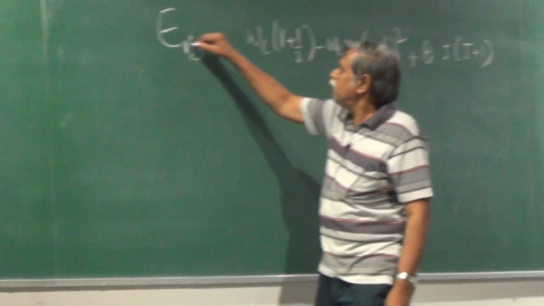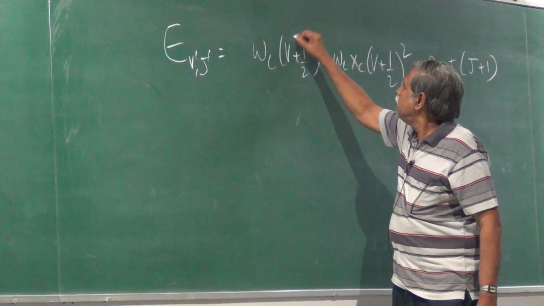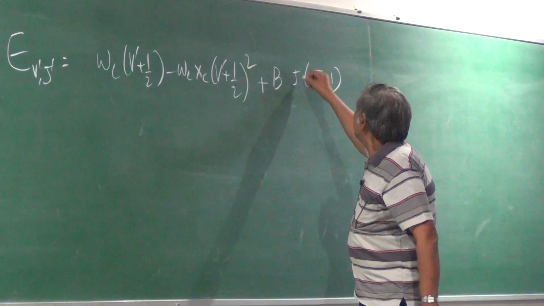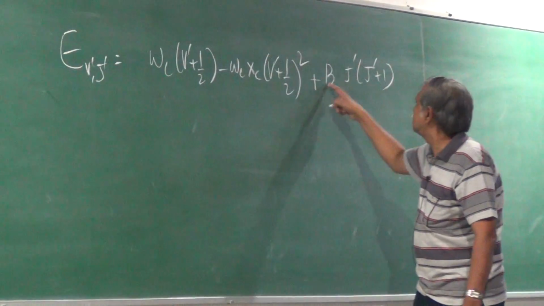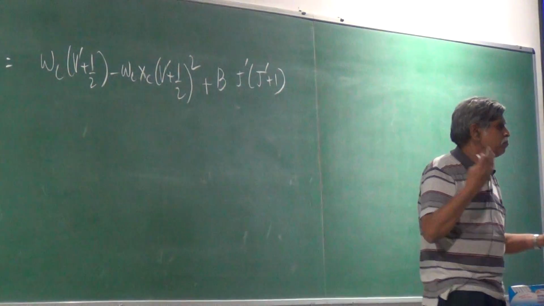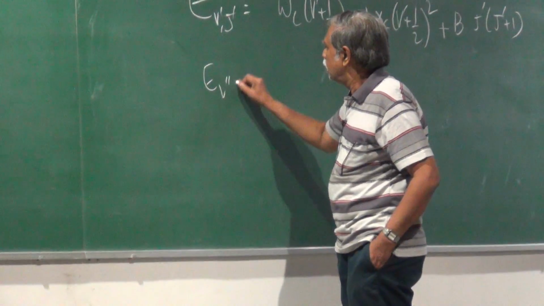Let's say this is v prime, J prime. So I'm looking at the upper state, therefore it's going to be... I'm assuming that these constants are all the same for both states. What will happen to the other level, the ground level?